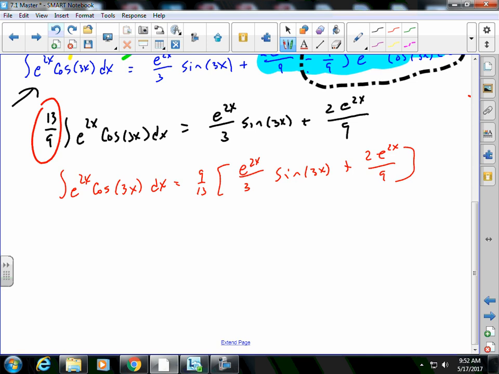Well, this math is simple. I could do that, so I'm going to do it real quick. 3e to the 2x over 13 sine 3x plus 2e to the 2x all over 13.